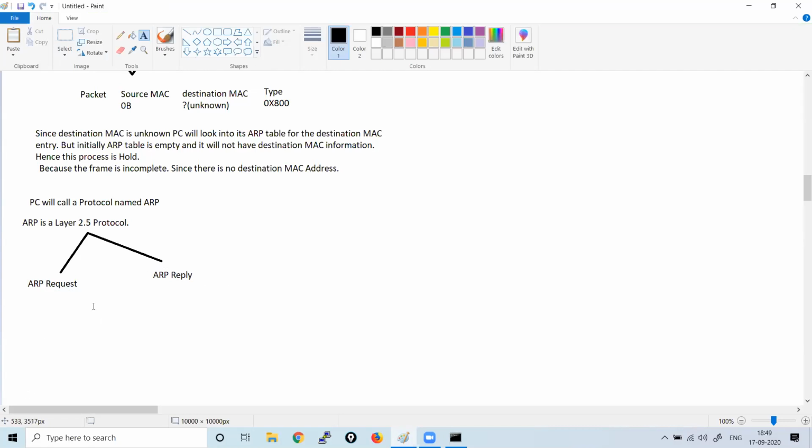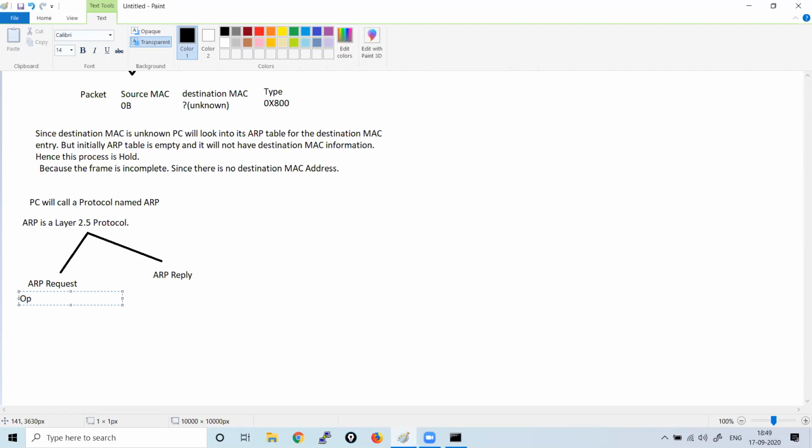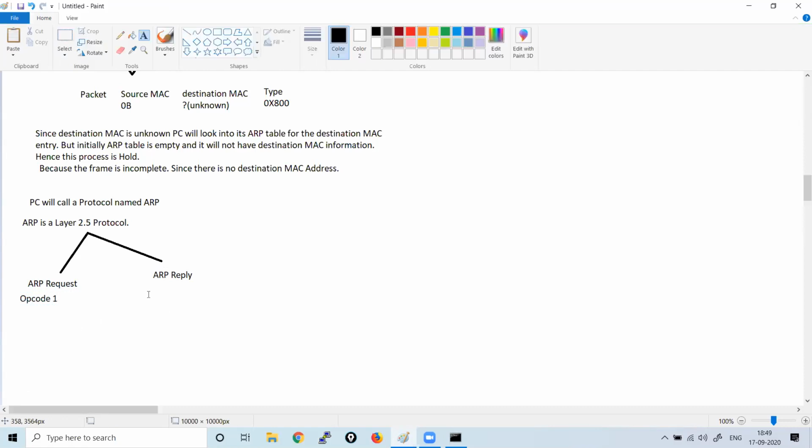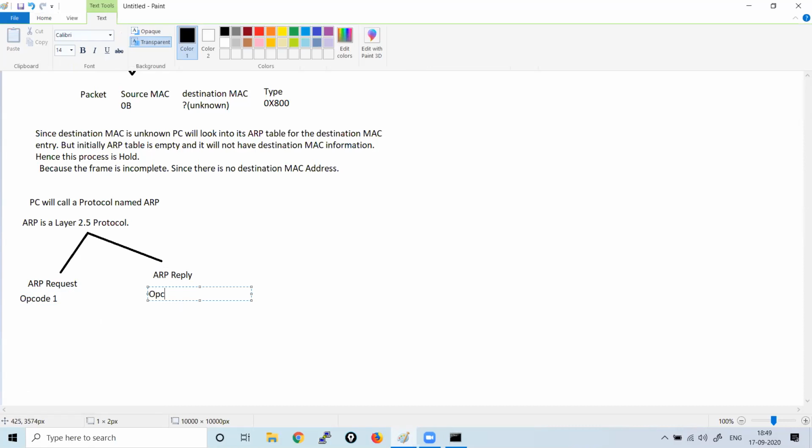This is for human understanding, but for machine understanding, we have the operational code, in short called opcode. If it is opcode 1, it is considered an ARP request. If it is opcode 2, it is considered an ARP reply.